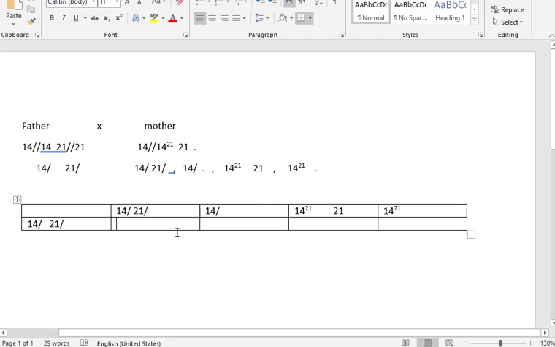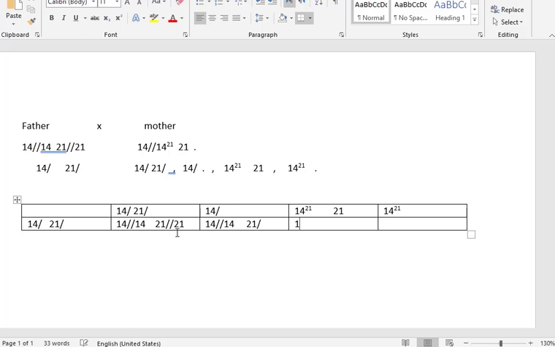Now, 14 and 21. This is normal now. This is a normal child. 14, normal for the 14, and 21 only, so monosomy 21.